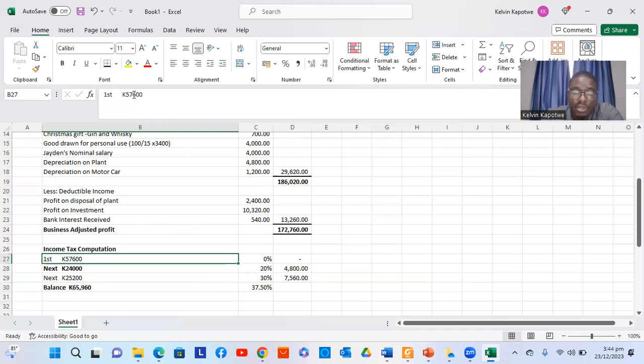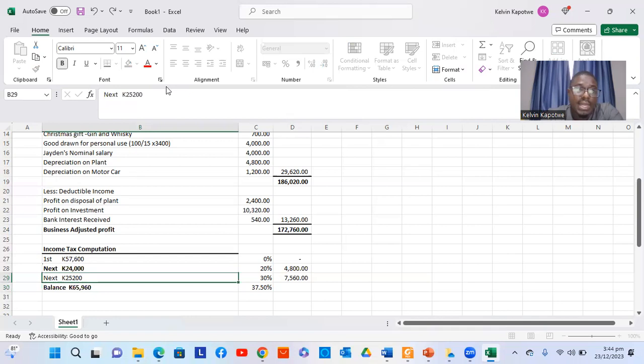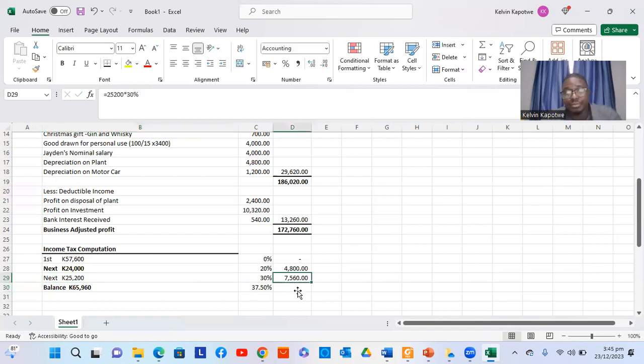Okay, I'll repeat how you get those things so that you are aligned to my way of doing things. What I said was get the business adjusted profits, remove the income that is taxed at 0. So 172,760, remove the income that is taxed at 0, which is 57,600.